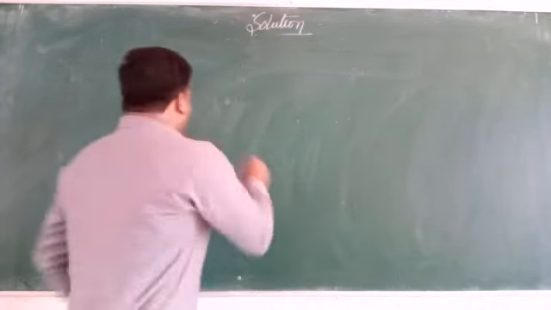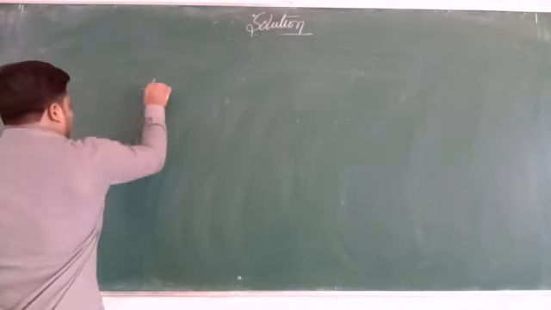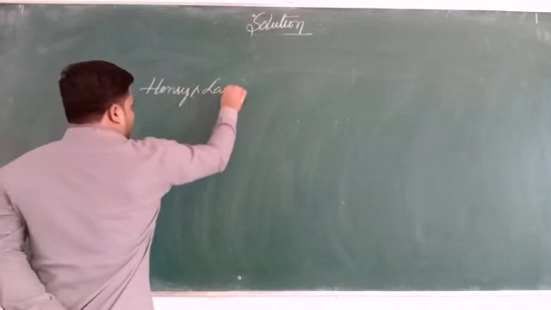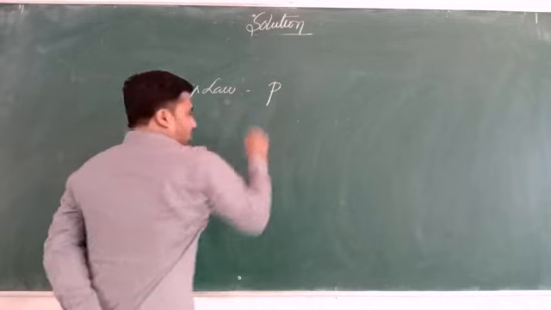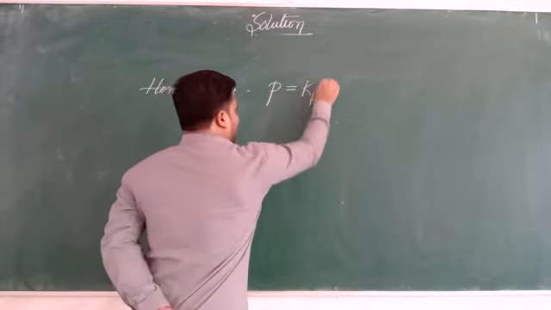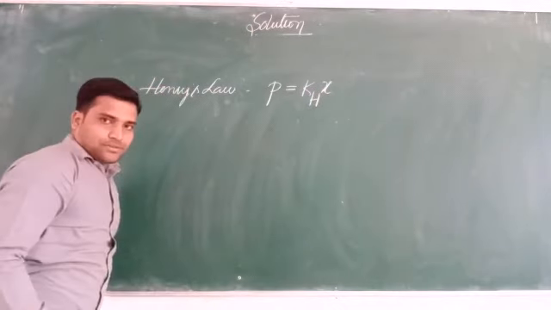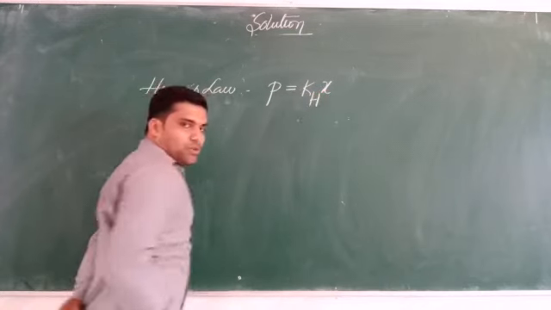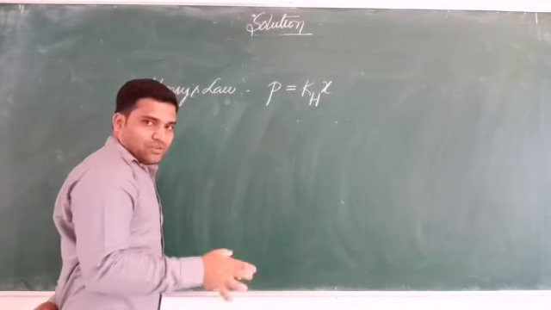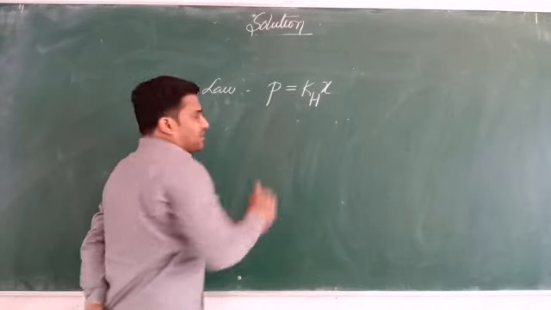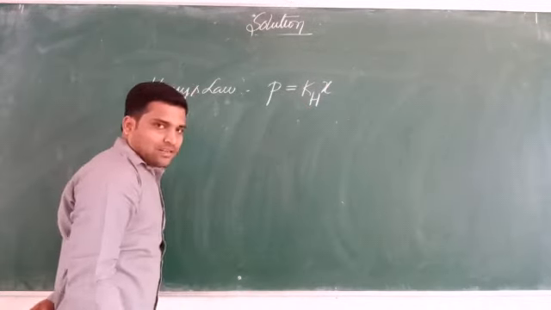According to Henry's law, you know the statement, right? P is equal to Kh into X, that is, the partial pressure of a gas is directly proportional to the mole fraction of the respective component present in the solution. Here we have a constant, that is Kh, Henry's constant.